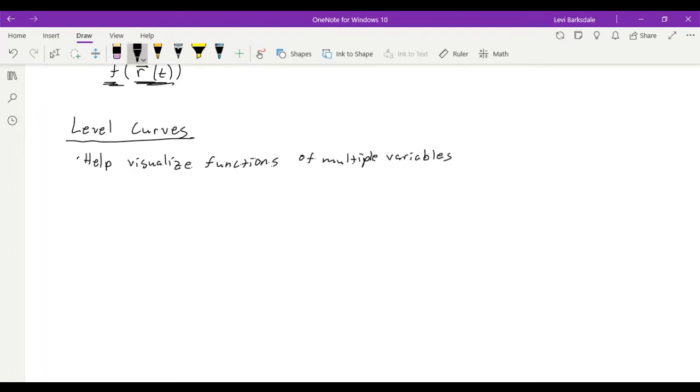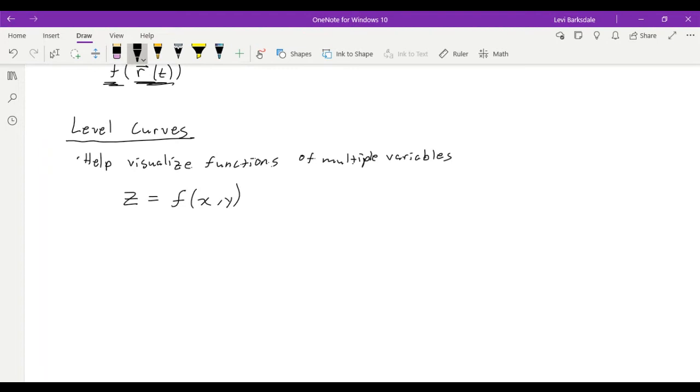So usually we have functions of multiple variables, and they take the form z, which is our third dimension, basically, is some function of x and y. And this creates a 3D graph. But sometimes these can be pretty hard to visualize because it's just a lot to take in.